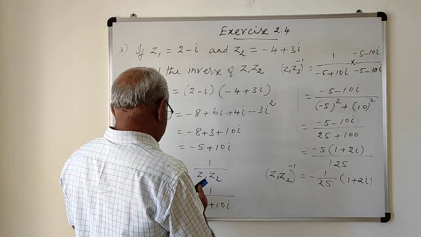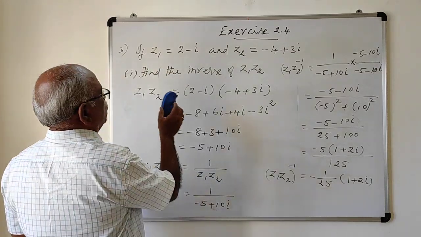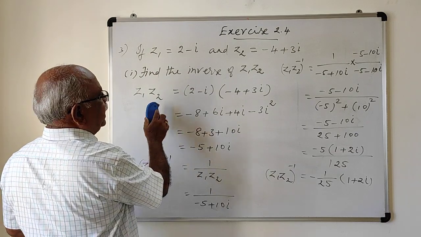Second sum is find the inverse of Z1 by Z2.